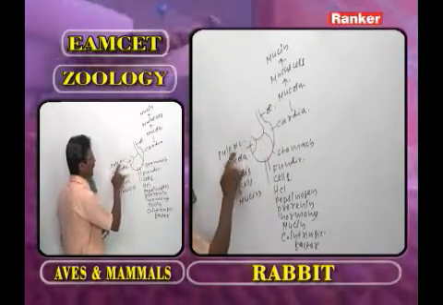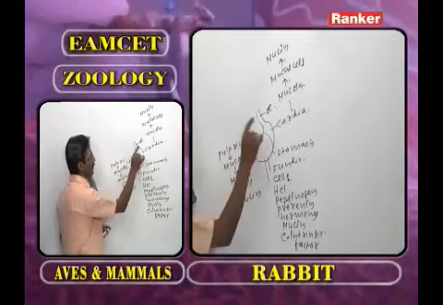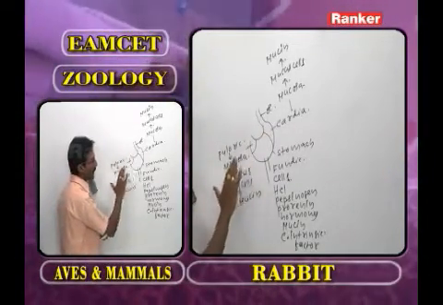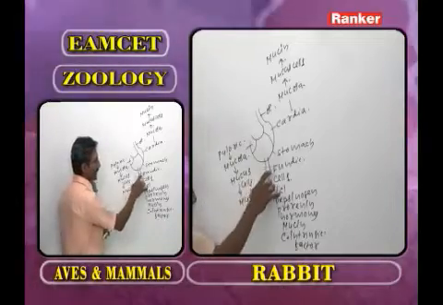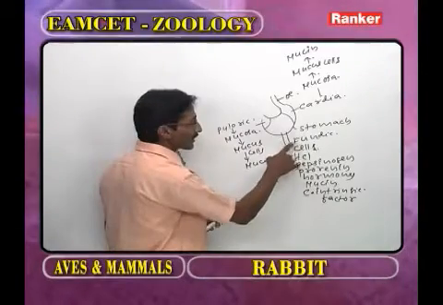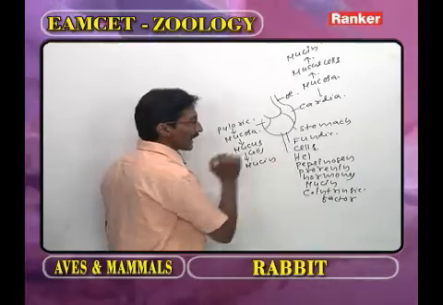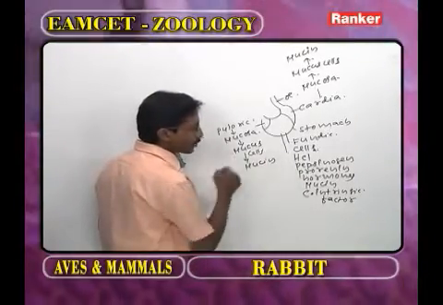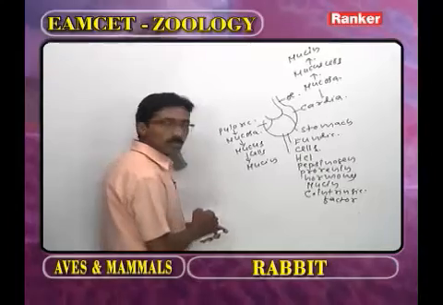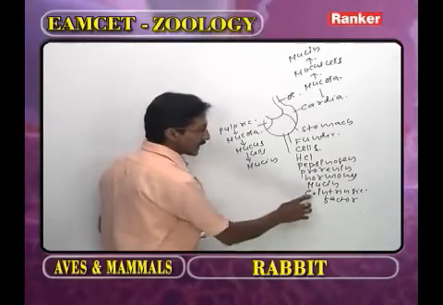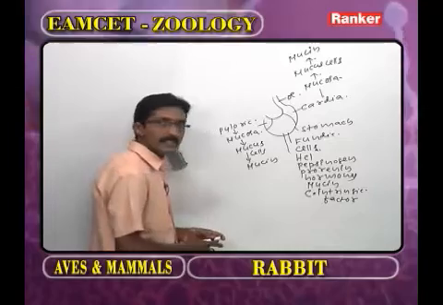You have to observe that from the pyloric stomach and cardiac stomach, there are no enzymes. But in the fundic stomach, the gastric glands have cells that secrete HCl, inactive pepsinogen, inactive prorenin, different hormones, mucin and Castle's intrinsic factor.